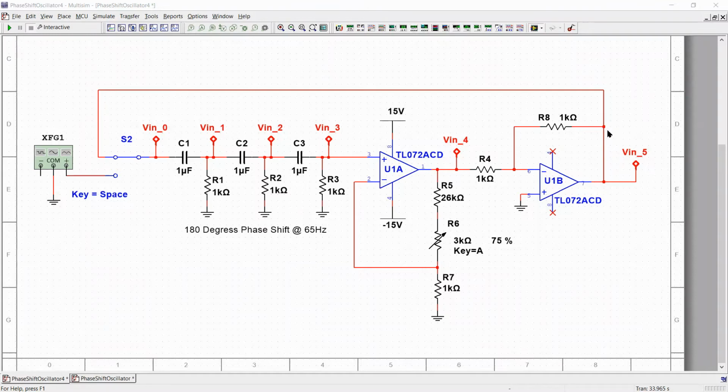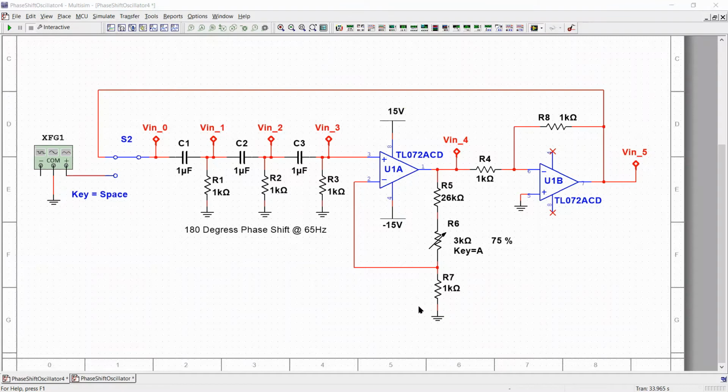And so now we've got the phase shift oscillator. The output is feeding itself, and there's only one frequency that's going to get through this RC network and appear here in the right phase that will get amplified and create this loop. So our loop gain needs to be 1 and our phase shift needs to be 0.